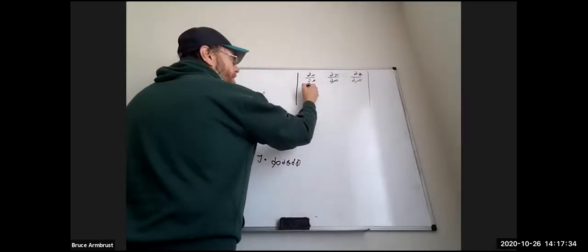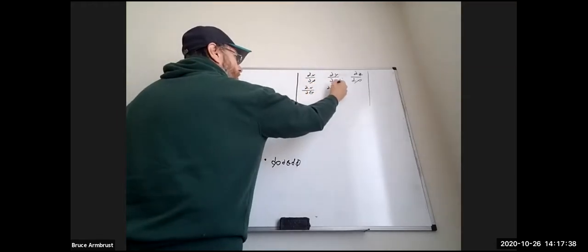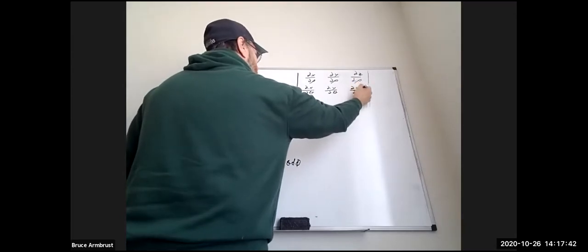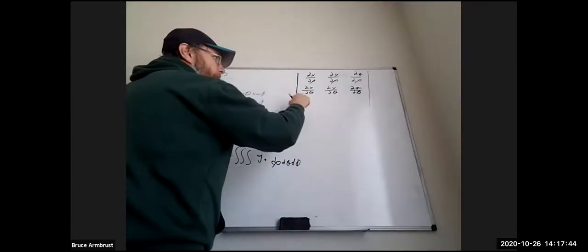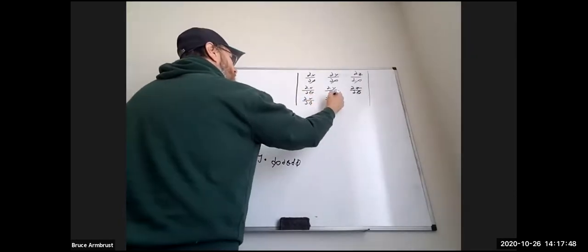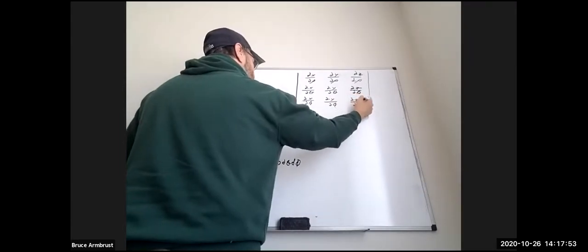The second row now is going to be dx d theta, dy d theta, dz d theta. And then the last row is going to be dx d phi, dy d phi, dz d phi.